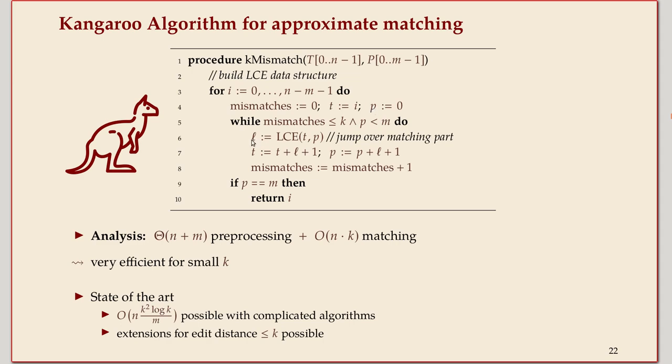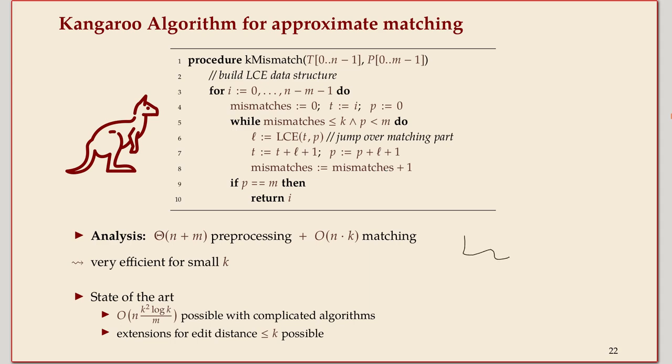Then we do one kangaroo jump over the equal part, and we jump over the next position, which is a mismatch. So we count one mismatch, and then we keep doing this until we are at the end of the pattern, or we run out of mistake budget.